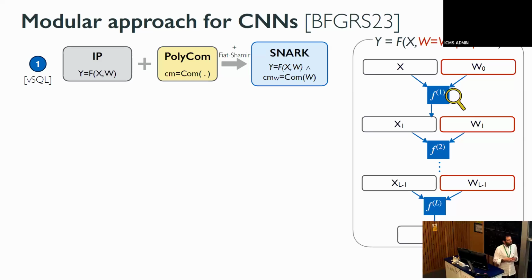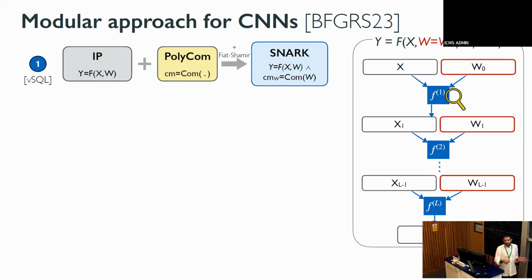Okay, and the way I'm going to describe the solution is with a modular approach. The modular approach consists of the following steps. So the first step comes from some previous work, which is the idea that if you want to create a SNARK for this relation, something like y is f of x, w, and you have a commitment to w, you can realize it by first creating an interactive proof for this computation y is f of x, w, and think of x, w to be the input of the interactive proof, and then you add a polynomial commitment.